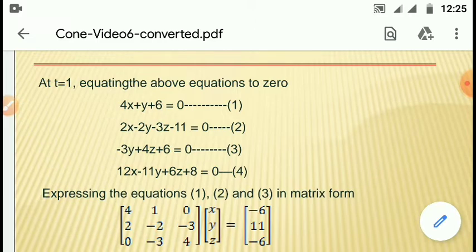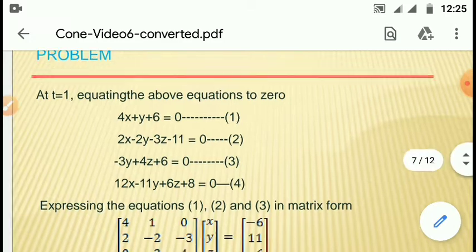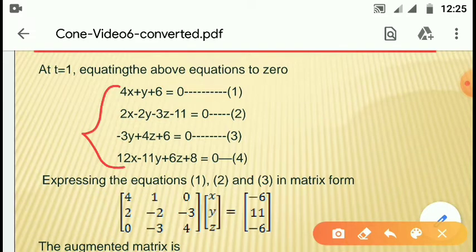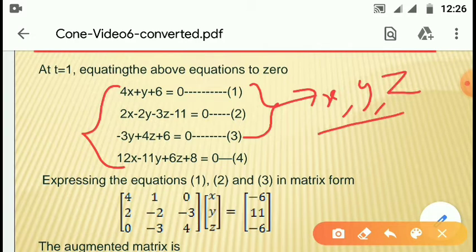We have to prove that all these four equations are consistent. For that, we take the first three equations and solve them for x, y, z, and substitute the values of x, y, z obtained into the fourth equation.